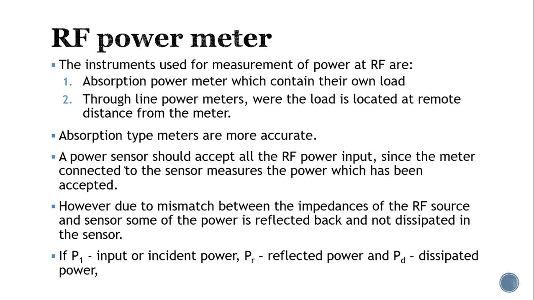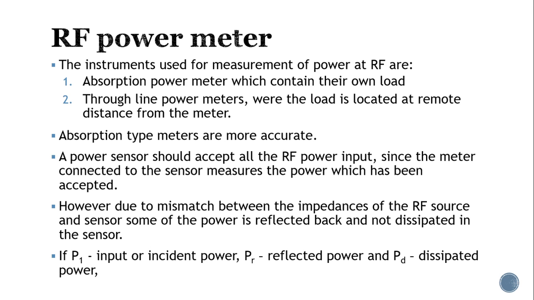Now, what you are basically doing is placing a power sensor at the particular device, and this power sensor will accept all of the input power, and the power will be dissipated in the sensor. But what happens is that the impedance matching may not have taken place. What do you mean by impedance matching? The input impedance and the output impedance should be the same for maximum power to be transferred.